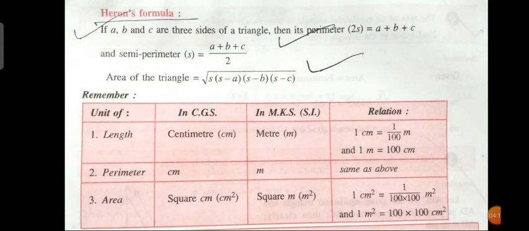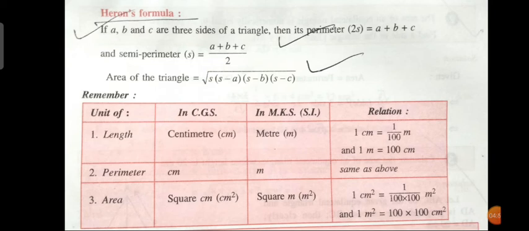And Heron's formula, which is the important one: if a, b, c are the 3 sides of a triangle, and their measures are given, then its perimeter 2s is a plus b plus c, and the semi-perimeter s is a plus b plus c by 2.